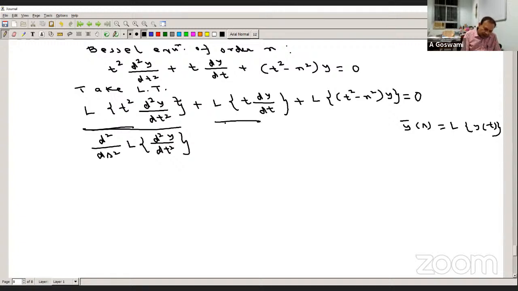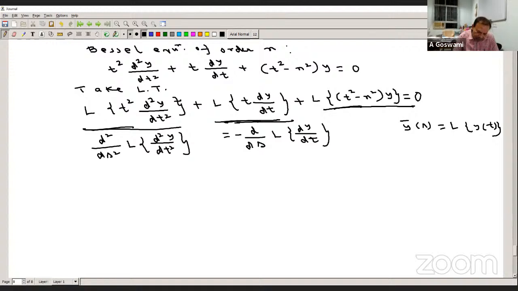Similarly, this term, Laplace transform of t dy dt, you can write down using the formula minus d/ds of Laplace transform of dy dt. And using this, Laplace transform of dy dt is nothing but s y bar minus y0. And Laplace transform of t square minus n square of y, you can write down simply as y bar double dash minus n square y bar.